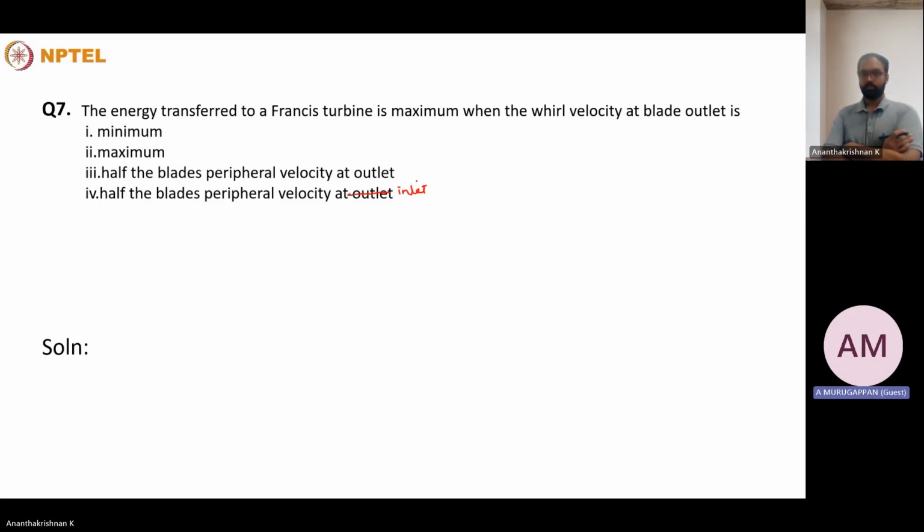So option 1, minimum. Yeah, right. So this can be explained from the power which is out, the energy which is available.